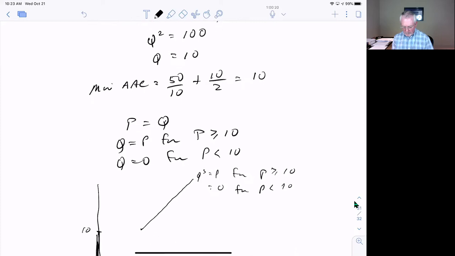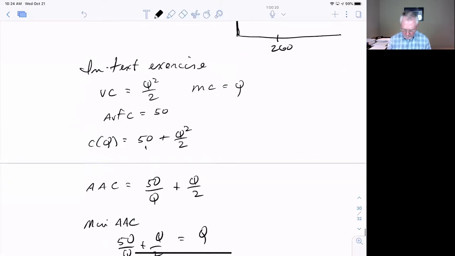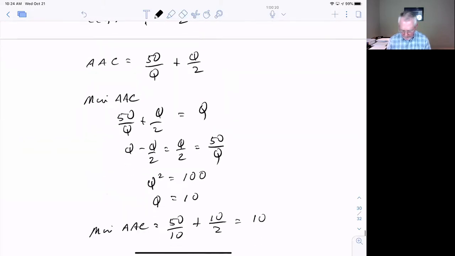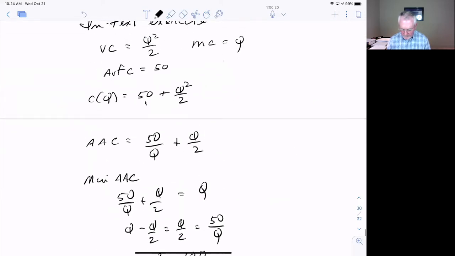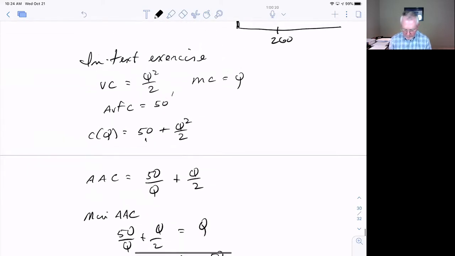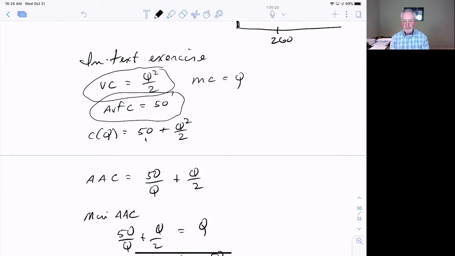All right, so let me come up here for just a second. So at Q equals 10 then, Dan is able to cover his $50 in avoidable fixed cost, plus at 10, his variable costs are 100 over 2 or 50.